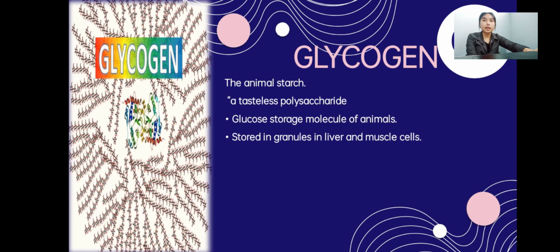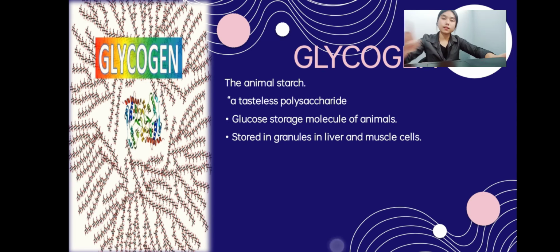Glycogen is a tasteless polysaccharide, and it is the principal form in which glucose is stored in animal tissues, especially muscle and liver tissue. In other words, it's the substance that is deposited in the bodily tissues as a store of carbohydrates.